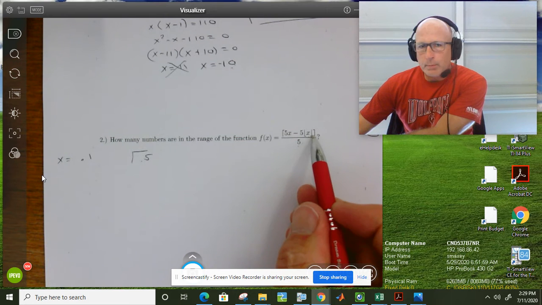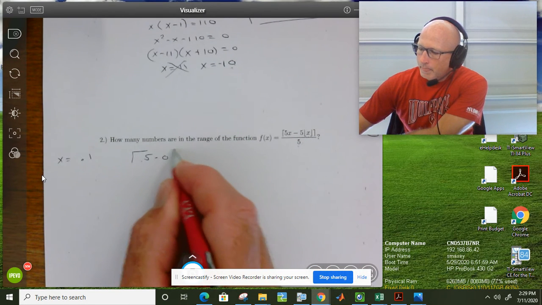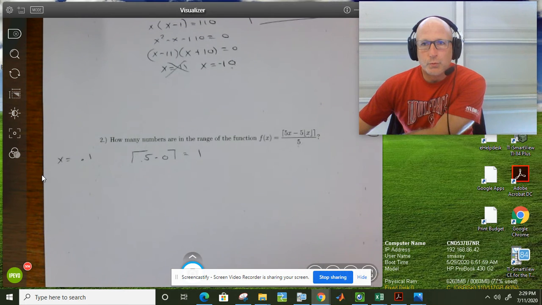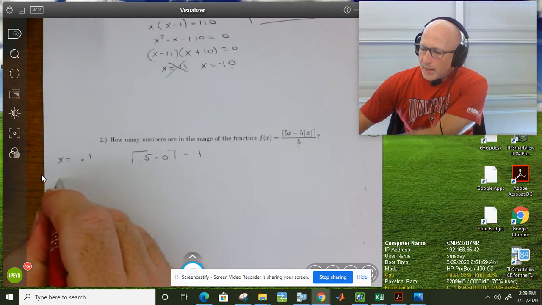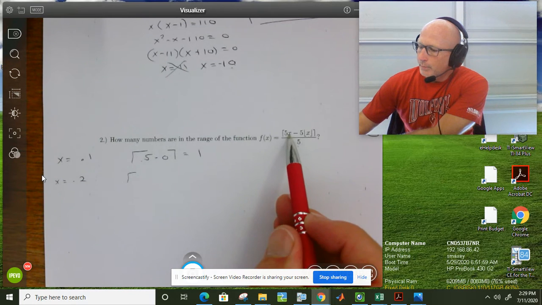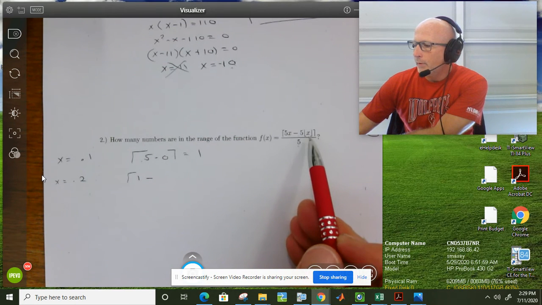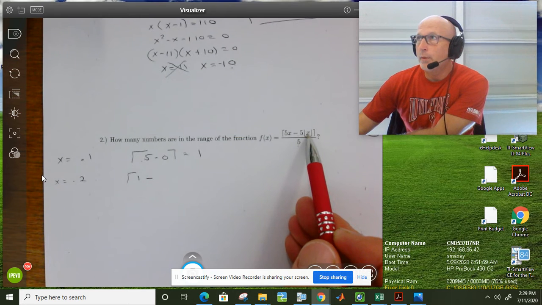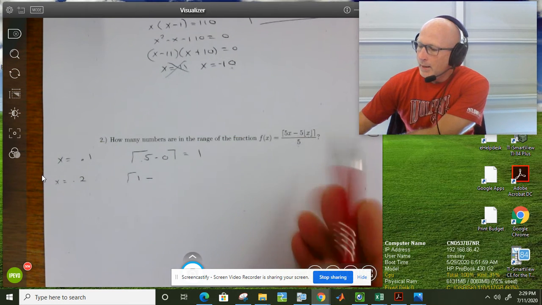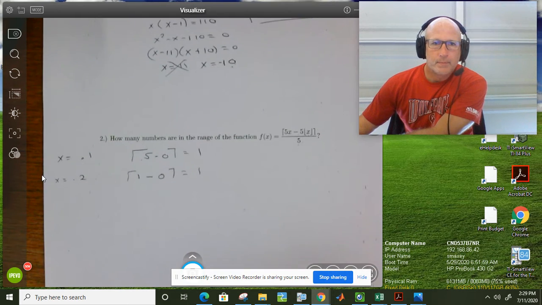The floor function of 0.1 is 0, so this is 0.5 minus 0, which is equal to 1, because you round it up. What about x equal to 0.2? 5 times 0.2 is 1, minus 5 times the floor function of 0.2, which is 0 once again. So that's still equal to 1.